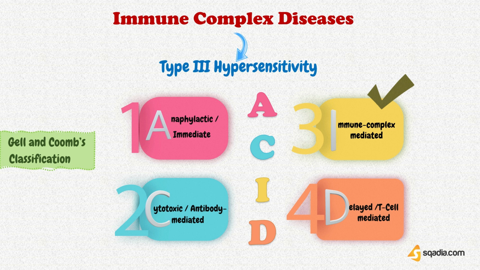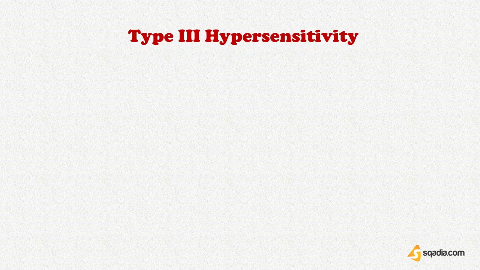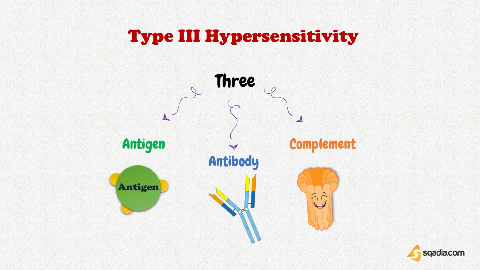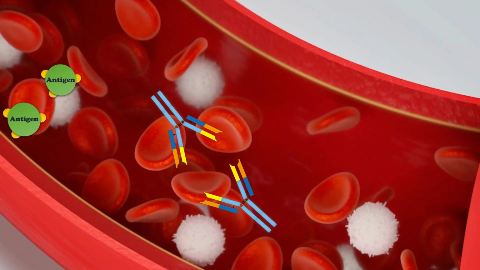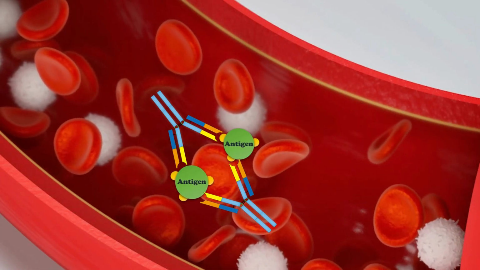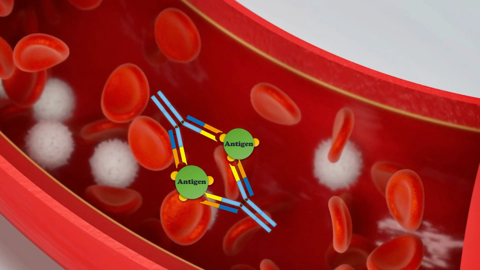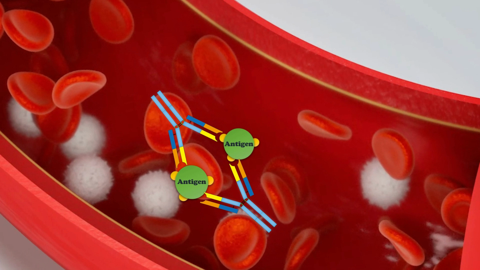Our topic of concern for today is Type 3, the immune complex-mediated hypersensitivity reactions. Well, Type 3, easy to remember, because 3 things are stuck together here: the antigen, antibody, and the complement. In Type 3 hypersensitivity reactions, IgG antibodies bind to circulating antigens to form an antigen-antibody complex.